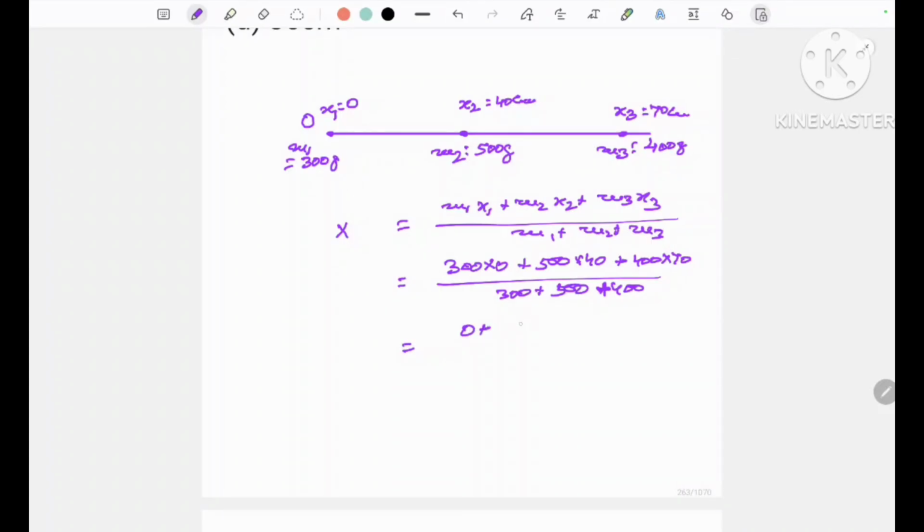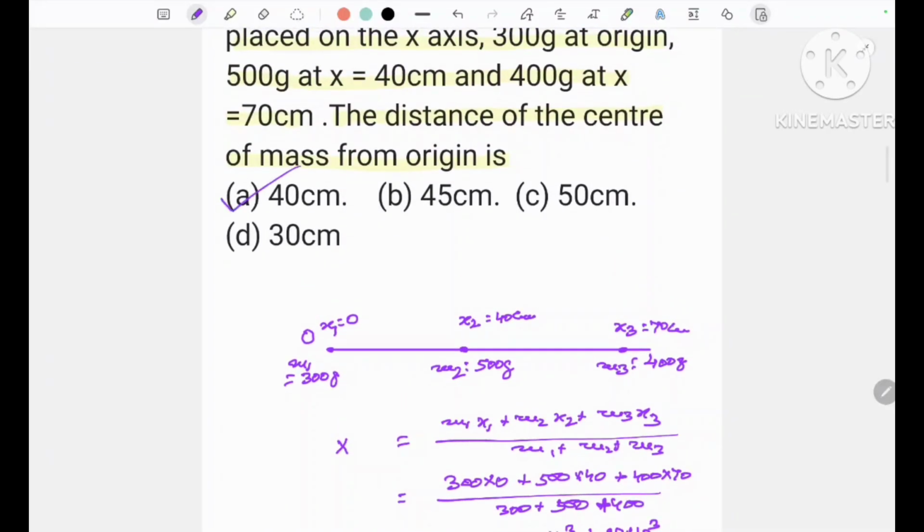That is 0 plus 20 into 10 to the power 3 plus 28 into 10 to the power 3, by 1200. 48 into 10 to the power 3 by 1200 is equal to 40 centimeter. A is the correct option.